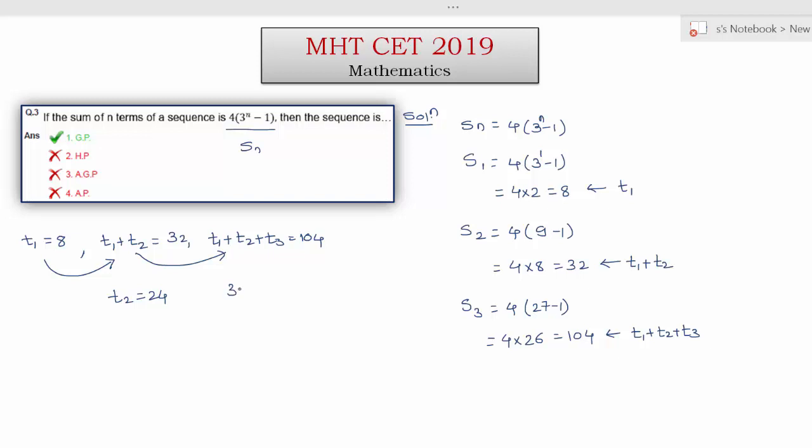So we get 32 plus T3 is 104, right? So T3 is 104 minus 32. This is 72. Okay. So the sequence is like this. Sequence is 8, 24, 72. So if you check here, 8 threes are 24, 24 threes are 72. So the sequence is a GP.